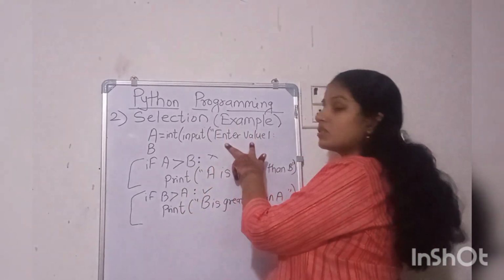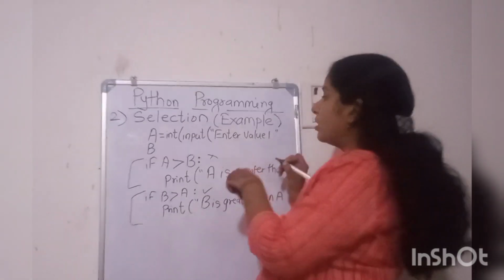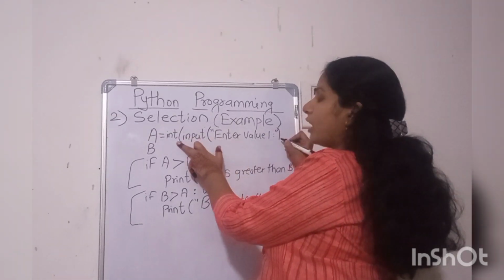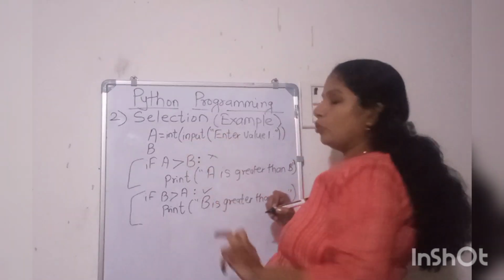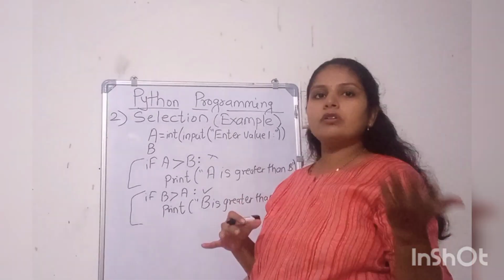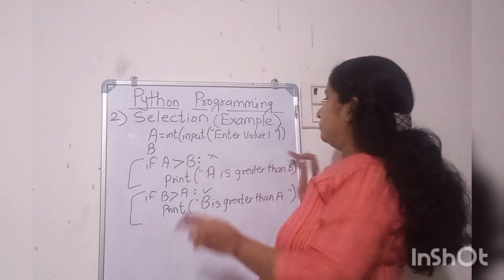We are going to enter value 1 and close the double quotes, because this is the statement you are going to print. You are opening the double quote, closing it, and then the inner bracket you are going to close, the outer bracket you are going to close. So here you are giving the right to the user to decide which value to enter.